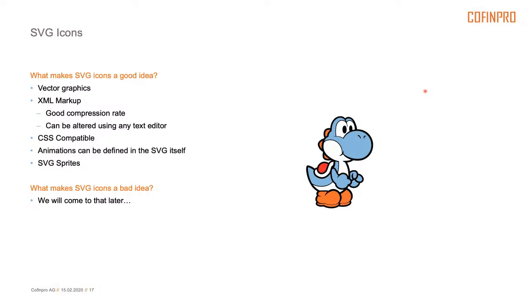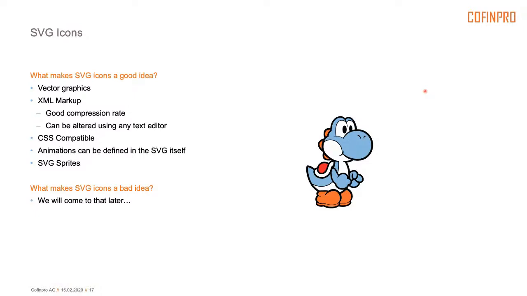Another nice asset is that you can define animations in the SVG itself, which is cool because you can just pull in the icon, so to say, start the animation, and you do not have to put the animation on top. So that's very nice if you just want to use the icon and do not want to care about much else.